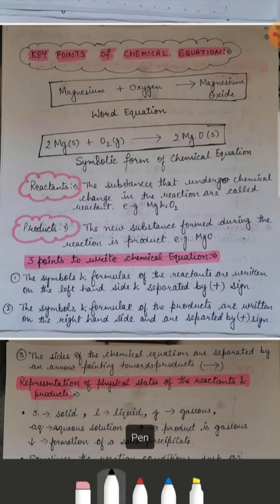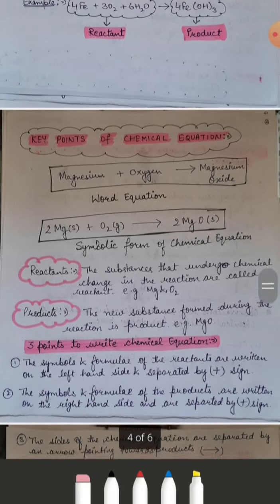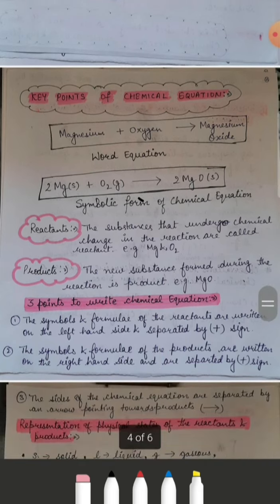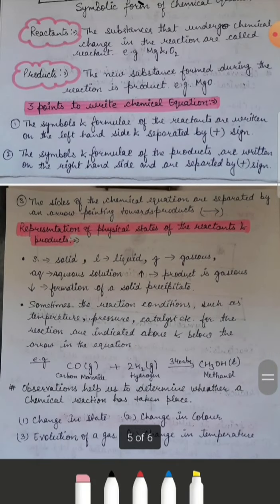Now the last, the third point: the sides of a chemical equation are separated by an arrow pointing towards the product. See, we have an arrow which is pointing towards the product. So we will separate reactants and products with the help of an arrow pointing towards the products.